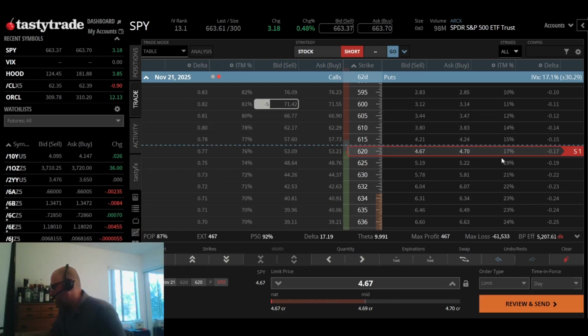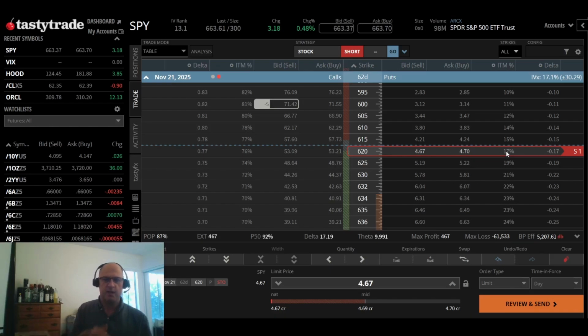Notice that the probability here is about 16%. So remember that basically 68% are going to fall within one standard deviation plus or minus of the mean there, of the current stock price. So if I were to sell the corresponding call here, I'm just rounding this down to 16 to keep the math nice. 16 times 2 is 32. 100 minus 32 is 68.